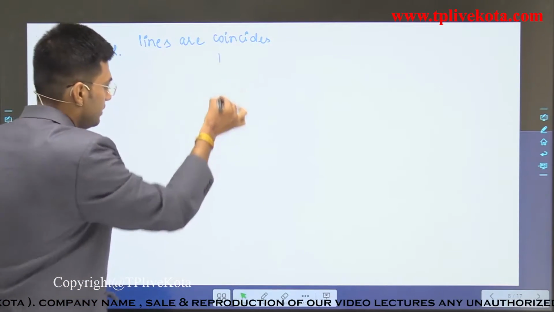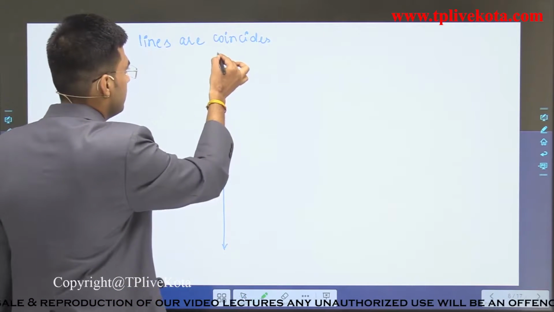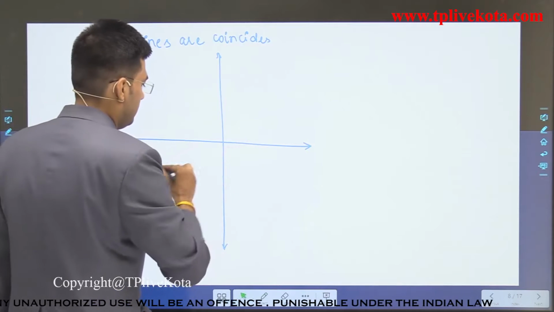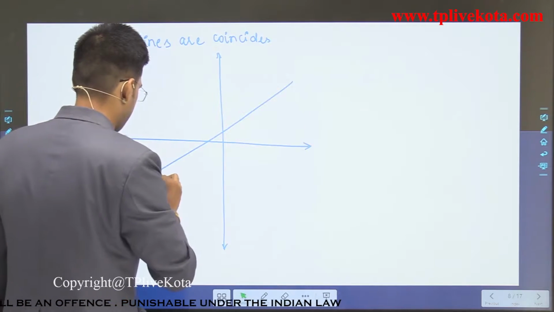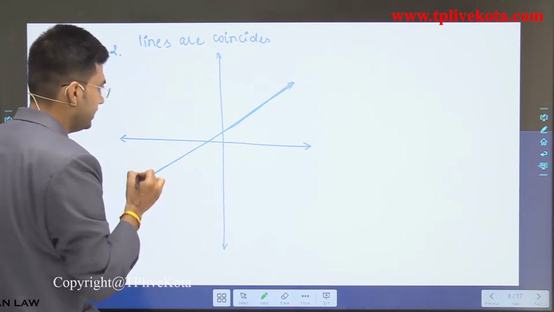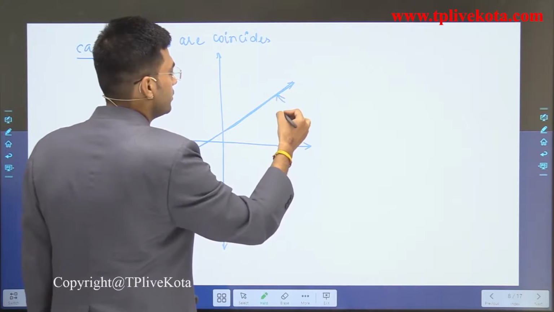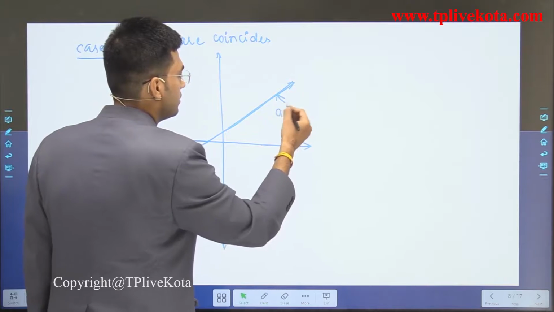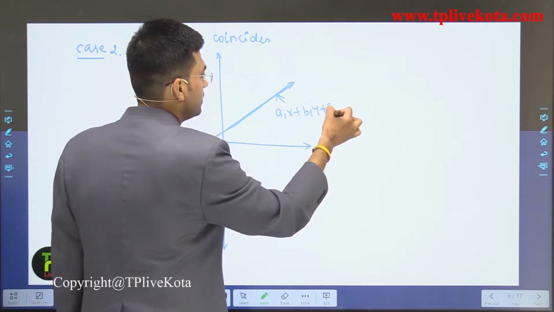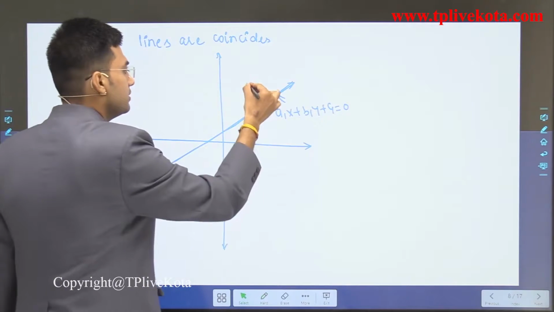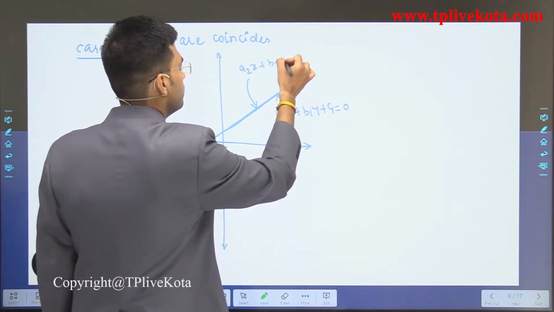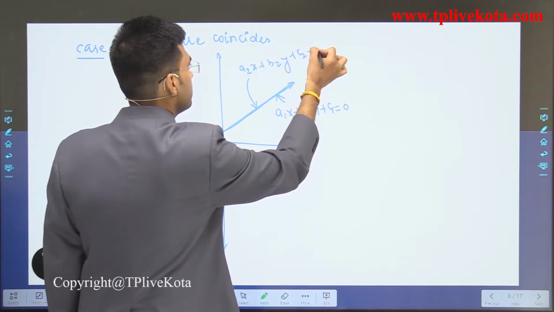That means both the lines coincide with each other. This is the line of a1x plus b1y plus c1 equals 0, and this is also the equation of a2x plus b2y plus c2 equals 0.